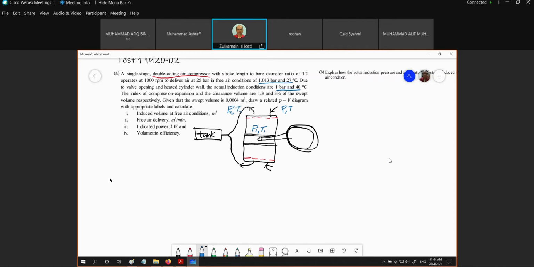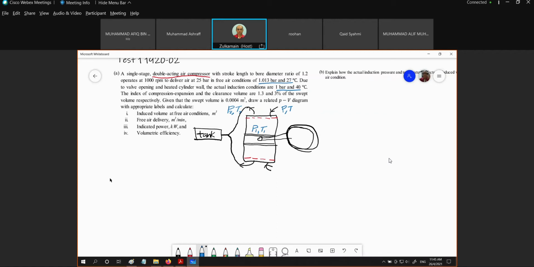Okay, I only look at one side. Now we can put all the parameters given. Bore diameter ratio 1.2. Length of stroke.